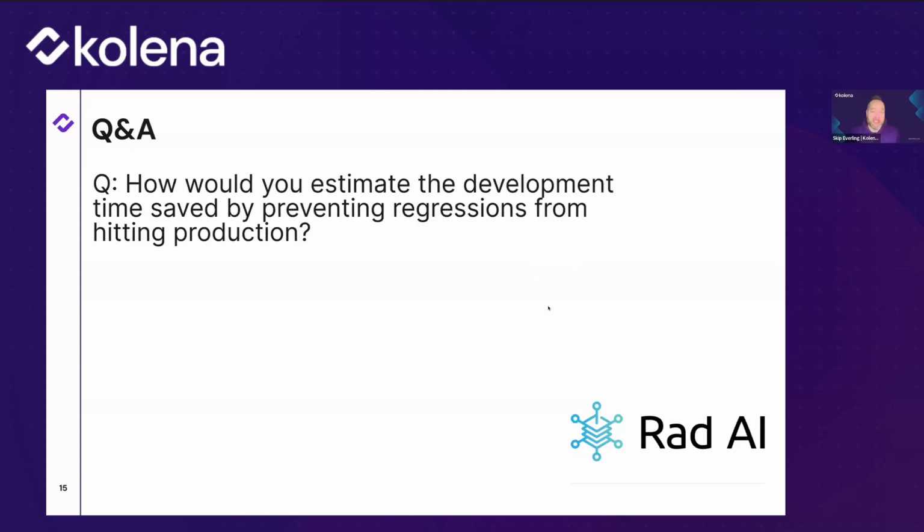Do you have any sense for how much time is saved by preventing regressions from hitting production because you're able to catch them during your testing? It's a little difficult to quantify. We actually do a lot of regression testing, so regressions hitting production rarely ever happens. One important thing though is we have managed to drastically cut down the time that we spend on model testing.